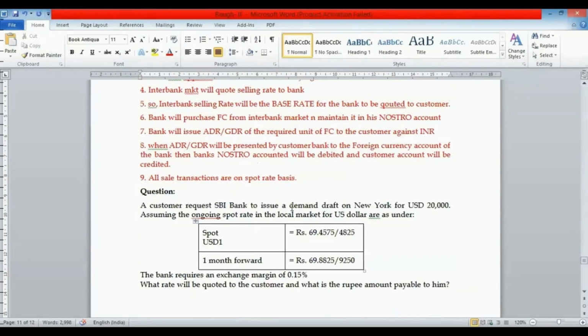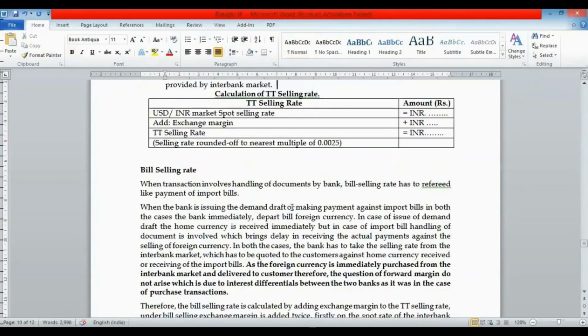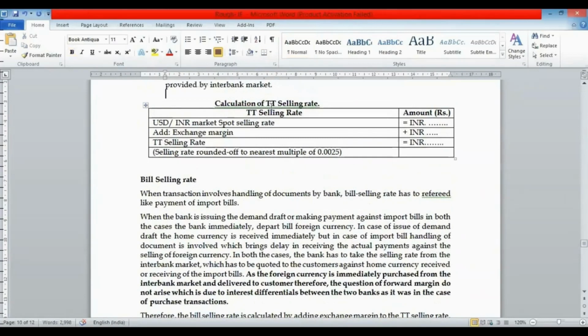See, here we catch the word that is demand draft. When the demand draft is given, I already said that it is a telegraphic transfer transaction. And if you remember, yesterday we have taken up the format of calculating the telegraphic transfer.